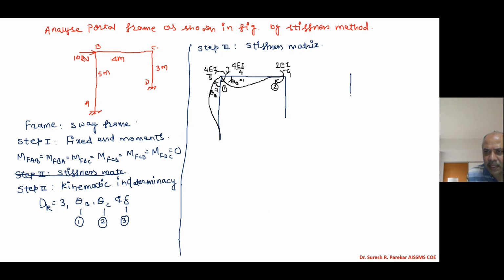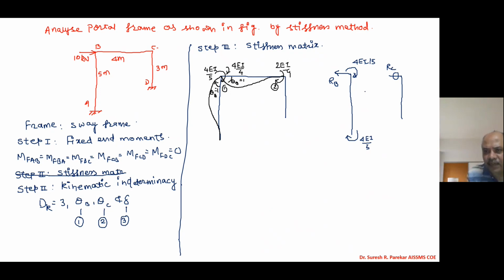So at AB we have the moment 4 EI upon 5, and here also we have 4 EI upon 5, and these are clockwise. To balance this, we have an anti-clockwise moment RB. Here we do not have any moment, so we have 0, which is RC.